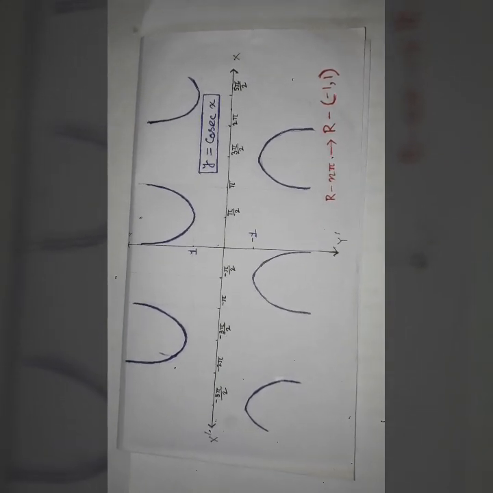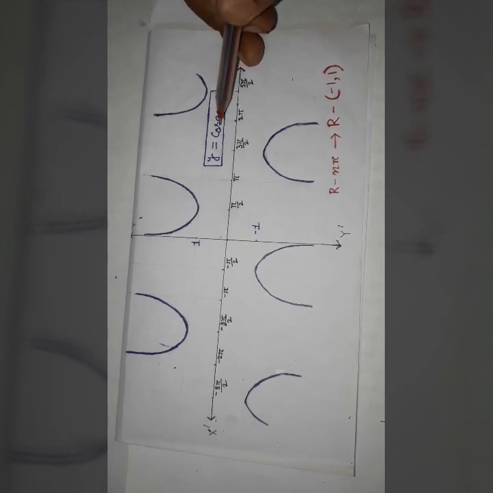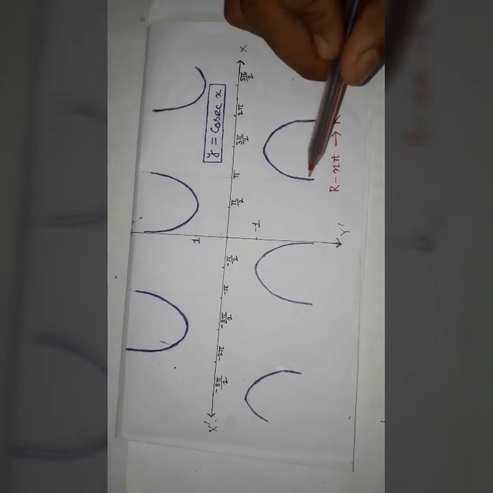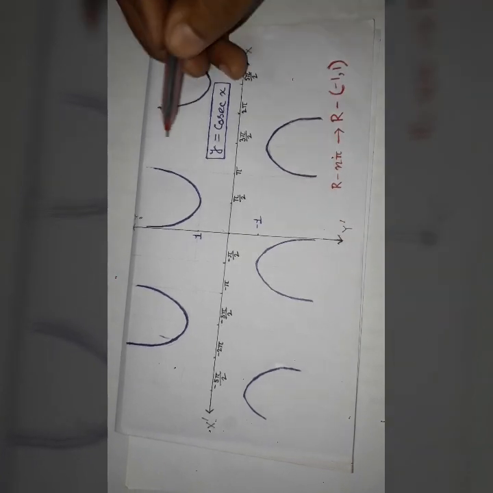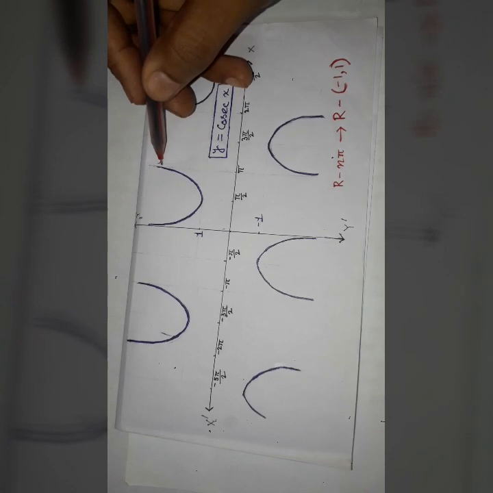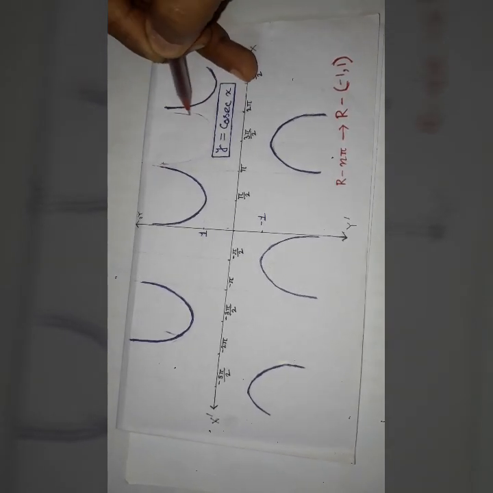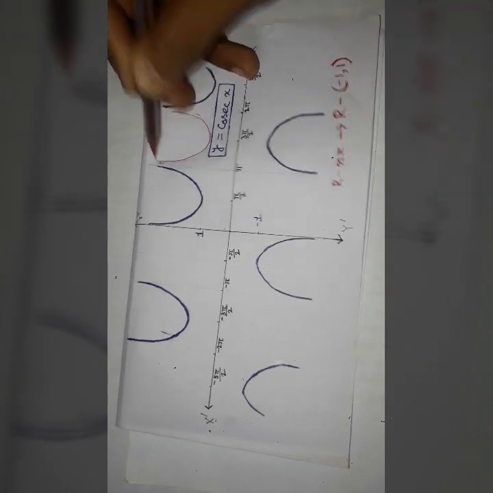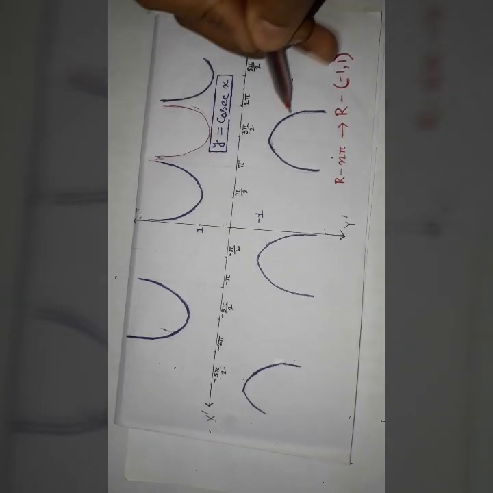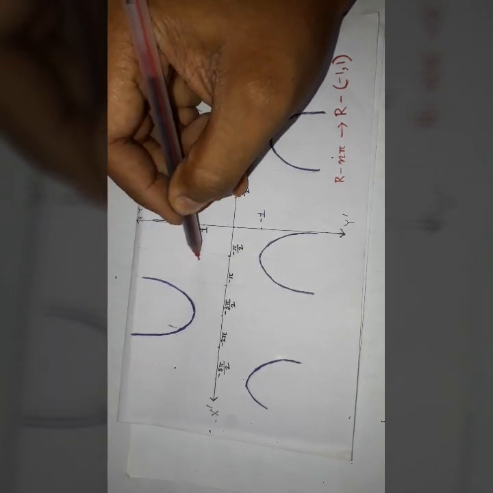Again you see, this is the graph of cosec x. Now if we apply mod on cosec, what will be the graph of mod cosec x? Now this negative part will not be there, reflection of this part, for this portion, again for this portion.